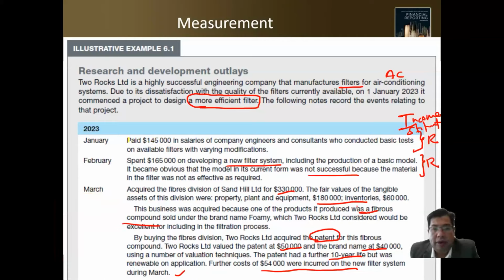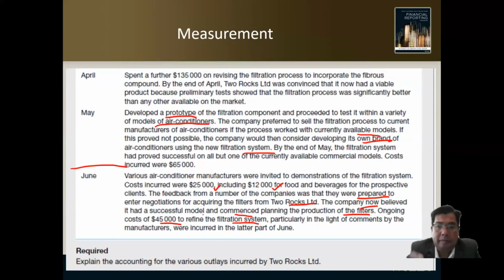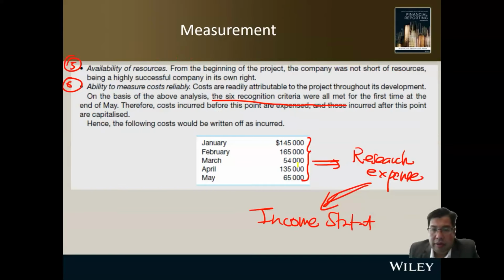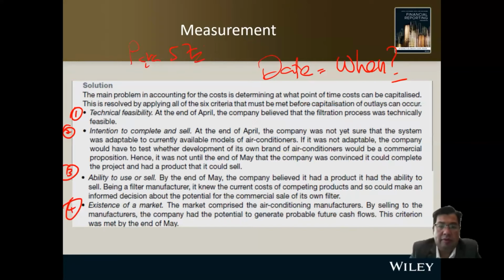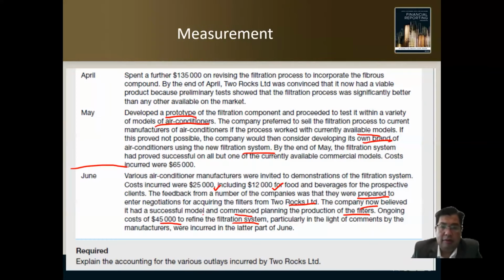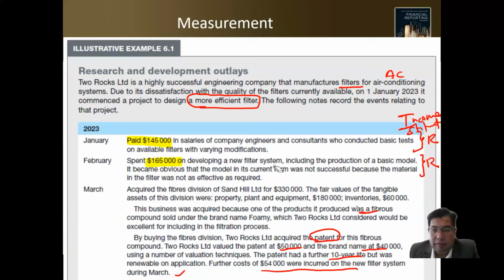145,000 salary, 165,000, still remember? 145,000 in the month of January, 165,000 in February, and 54,000.